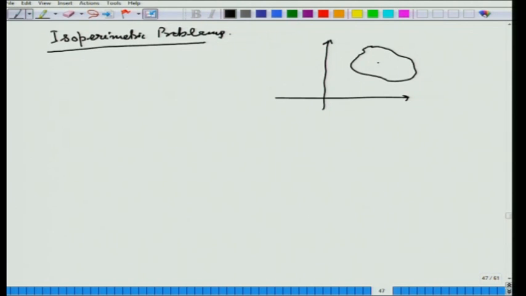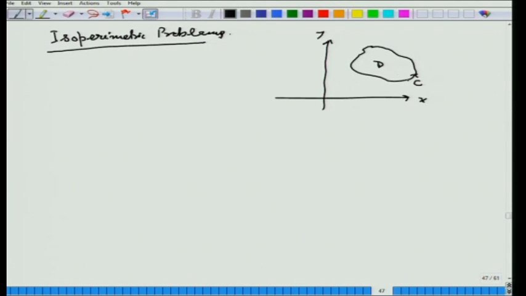So, this is the domain D, let us say in the xy plane, and this C is having fixed length. So, we need to optimize this area of D such that the length of C does not change. That is what the isoperimetric problem is.